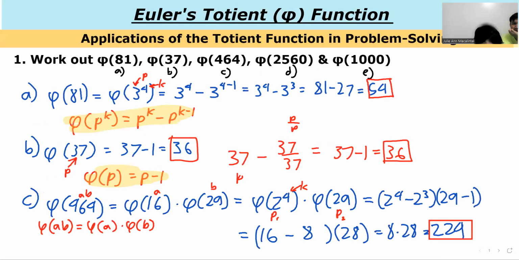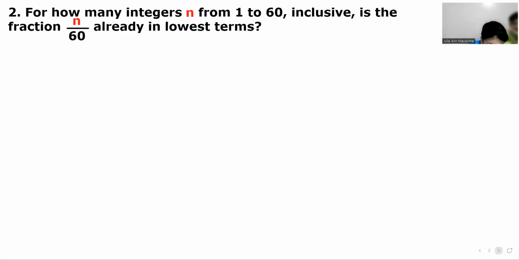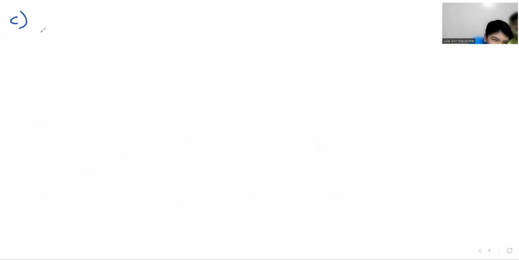Okay. What about trying your own solution on letter C? Totient function of 464. Can you try that one? Okay, if it will work. Solution number 2, your own solution. Phi of 464.